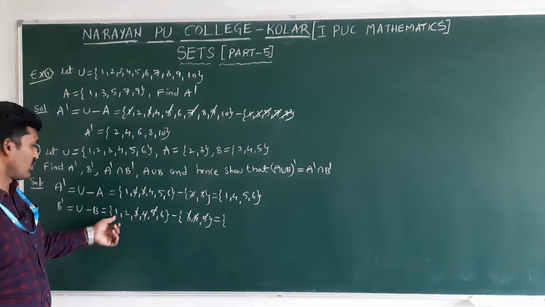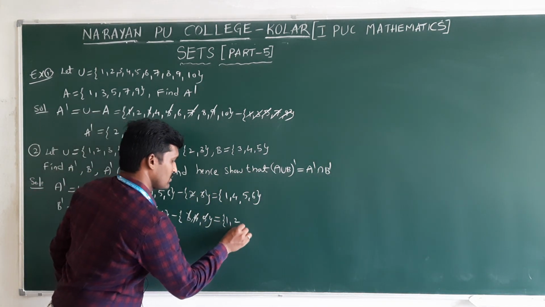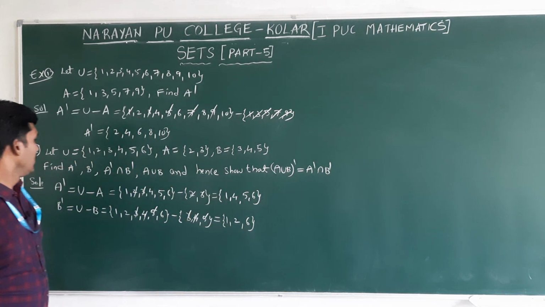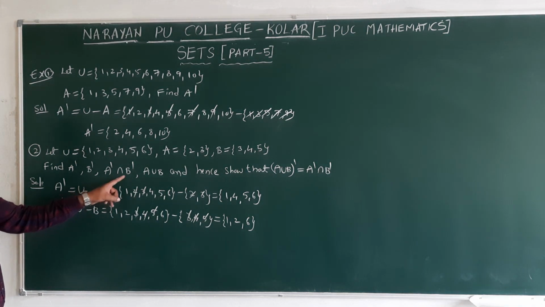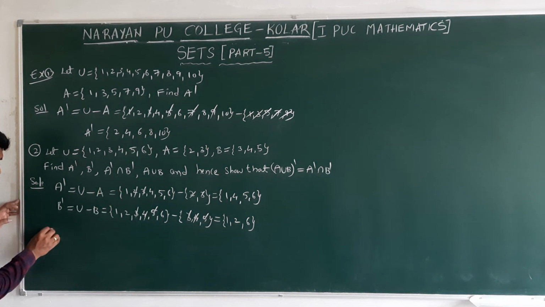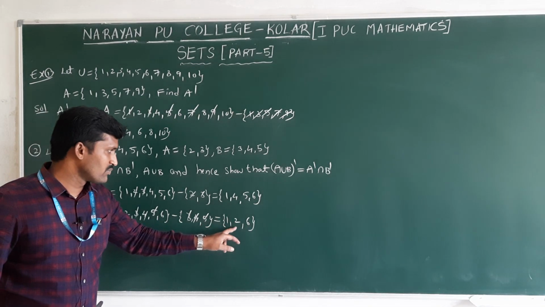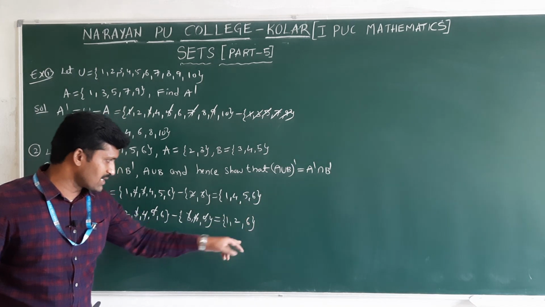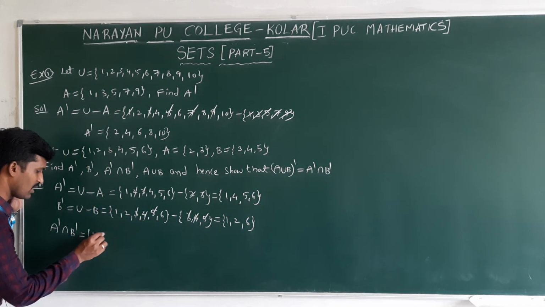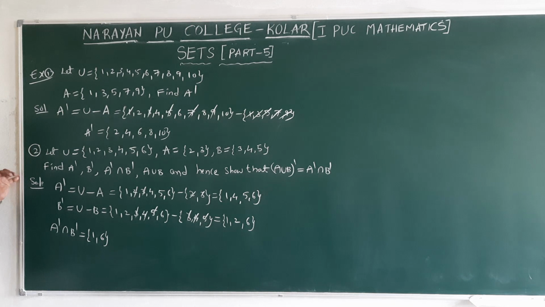B dash is 1, 2, 6. Next we need to find A dash intersection B dash. For this intersection operation, identify any common elements. Only 1 and 6 are common. Intersection means common. Only 1 and 6 we got.